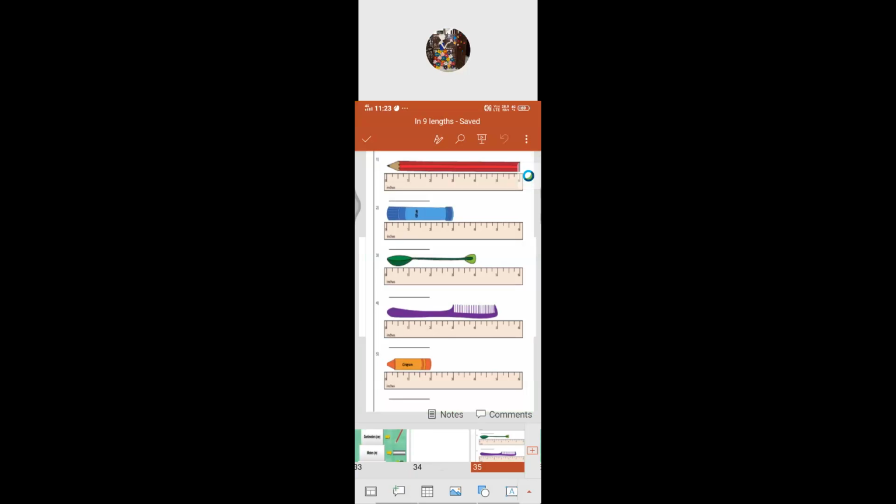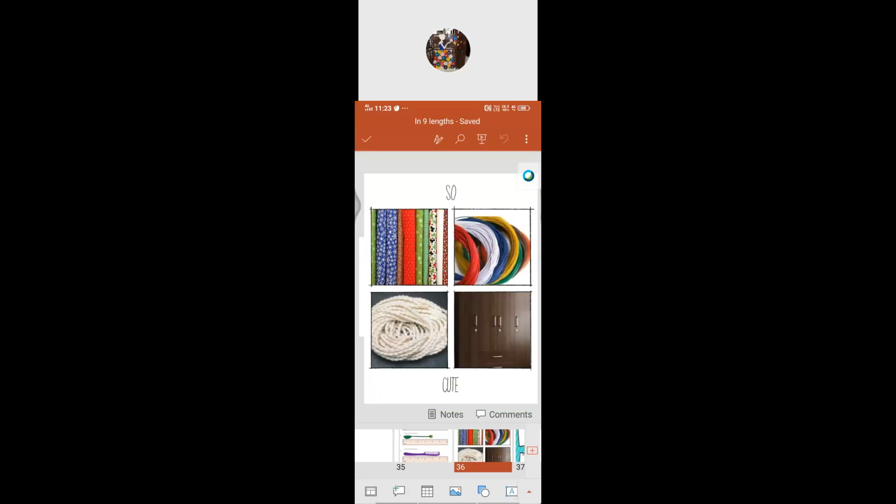If you see a pencil, glue, spoon, these are smaller in size. Foam, crayons, we can measure using centimeters. While to measure the length of wires, strings, cloth, furniture, we should use only meters.